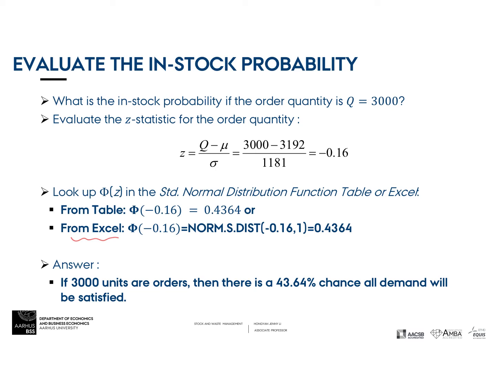If you know the normal distribution parameters for your demand, you can also compute F(Q). F(Q) in Excel is a normal distribution with 3000 units, with a mu of 192 and the standard deviation and 1. So that's how you find the in-stock probability directly.